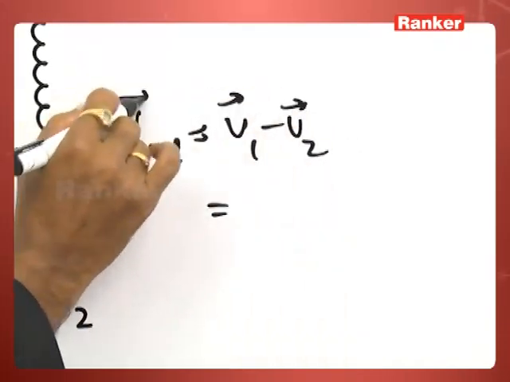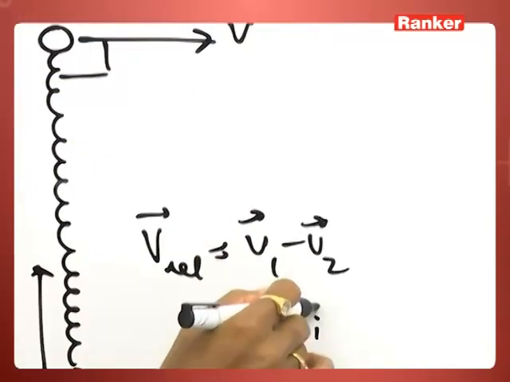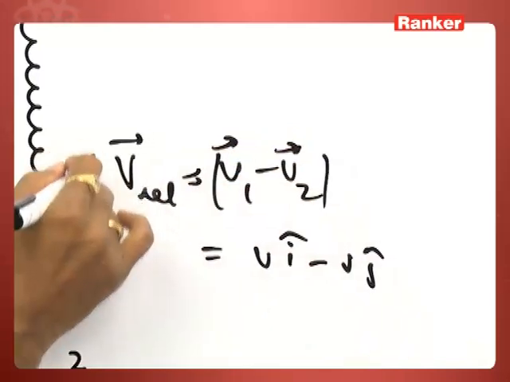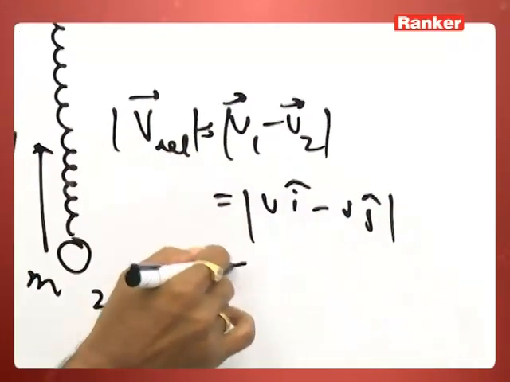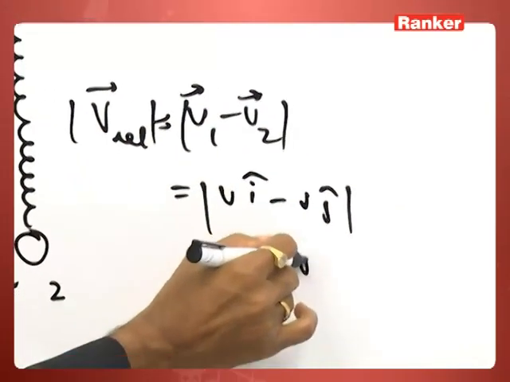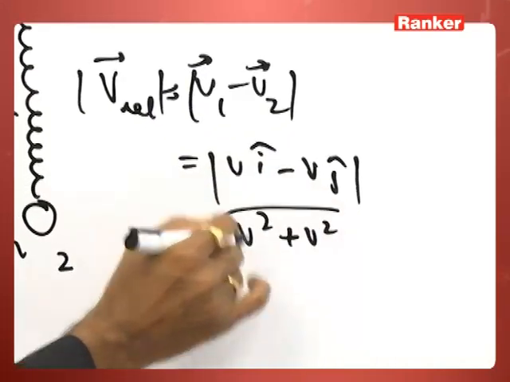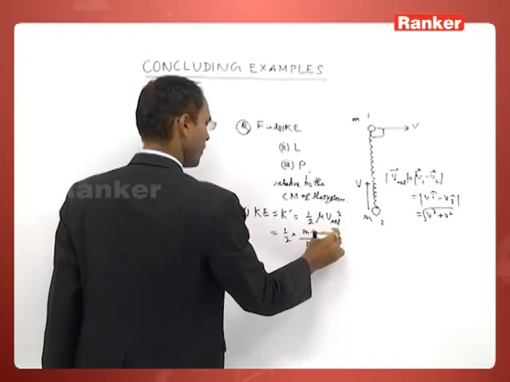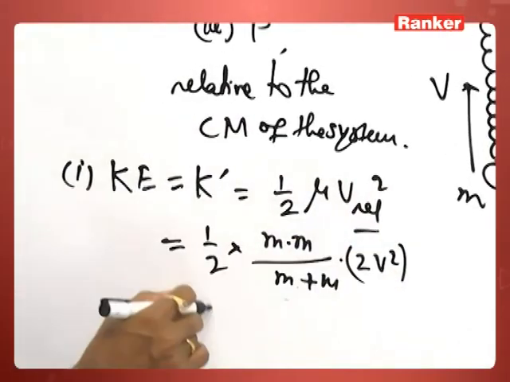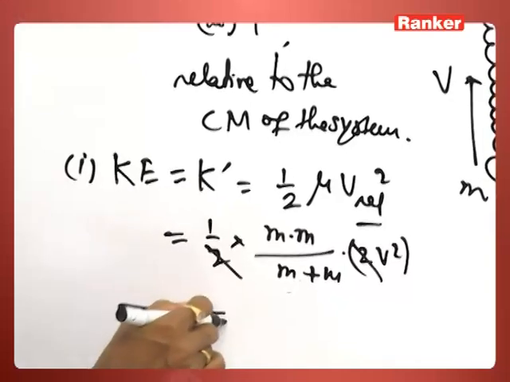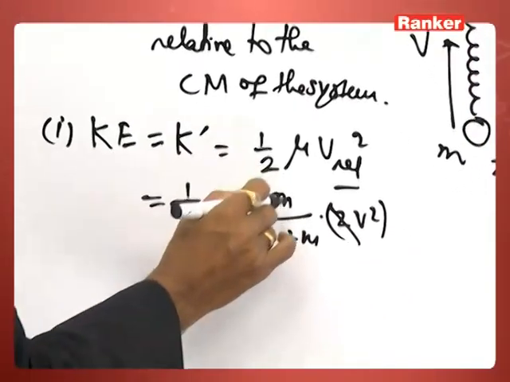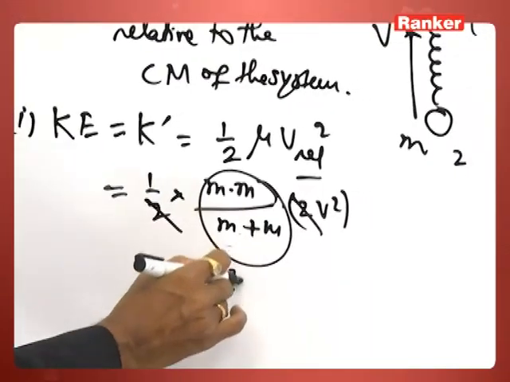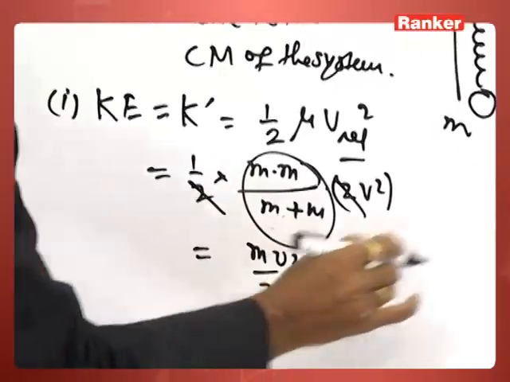V1 is V i cap, V2 is V j cap. Its magnitude can be written as square root of V square plus V square. So V relative square is equal to 2V square. The 2 will get cancelled. You are getting this factor as m by 2 into V square. Answer.